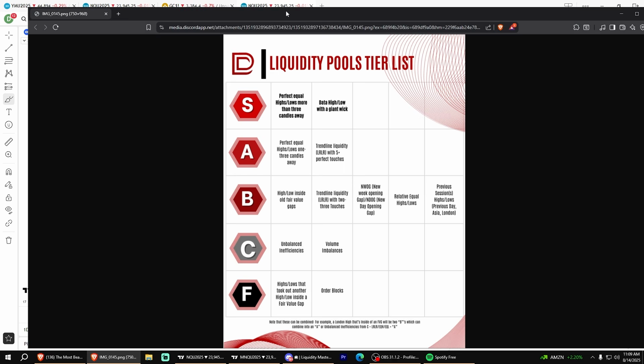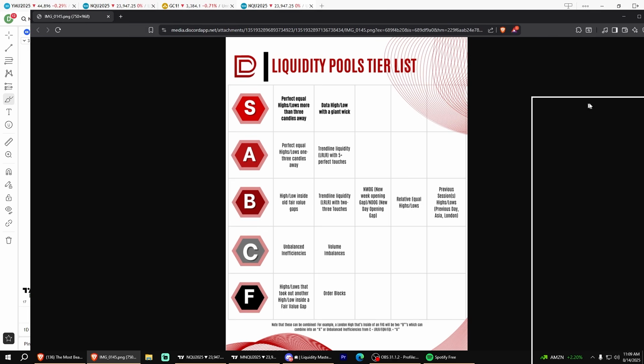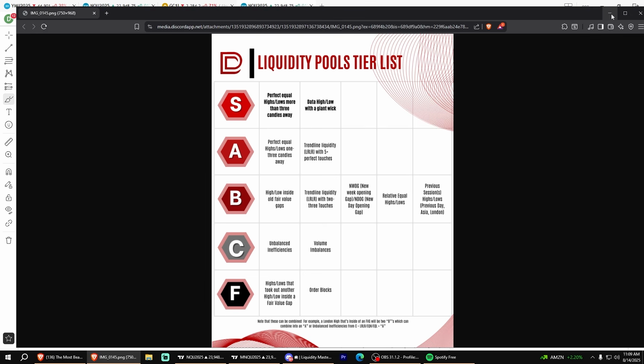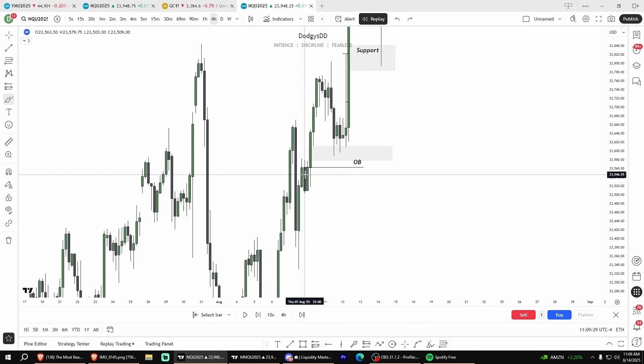All right. The third note on the list is going to be volume imbalances. All right. So basically, the way people see it is an order block is created by smart money, where they basically make the market move, and then sometimes they'll come back down to the order block so they can get out at break even.